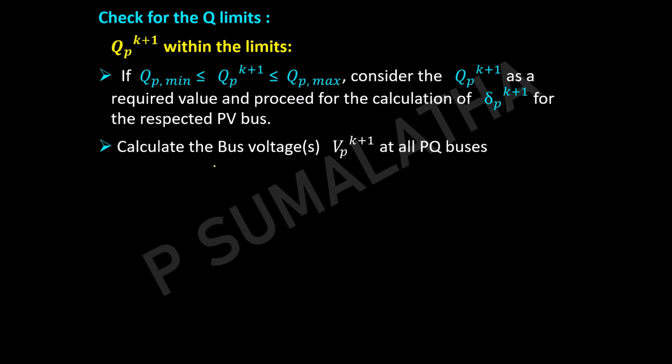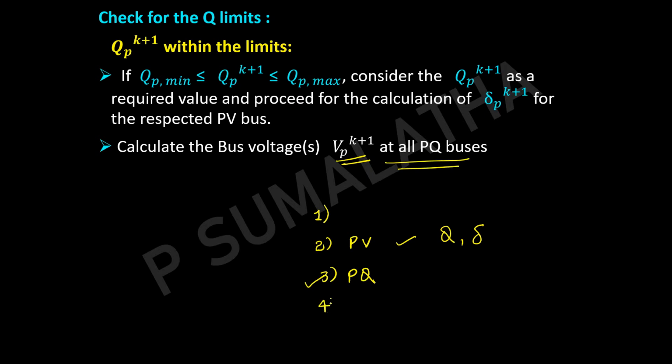Now some more PQ buses will be there, right? In the system, as I told you, one will be the slack bus, second will be the PV bus, and the third will be the PQ bus, right? For PV buses, you have determined the Q and δ values. Similarly, you need to find out the V_p^(k+1) at all the PQ buses. Right now we have only one.